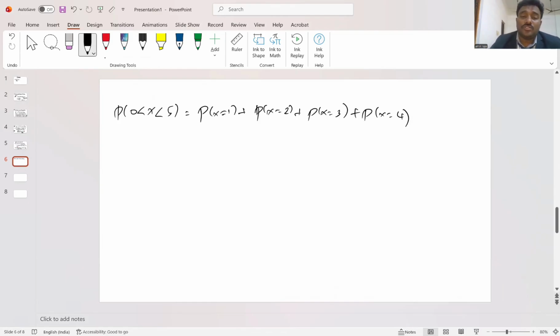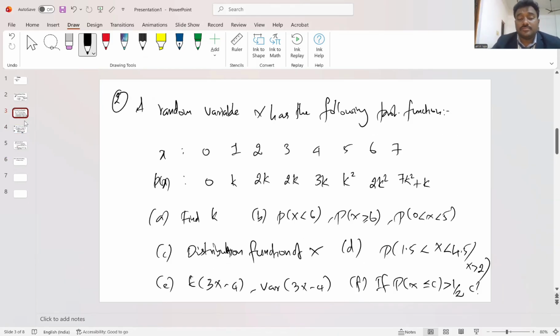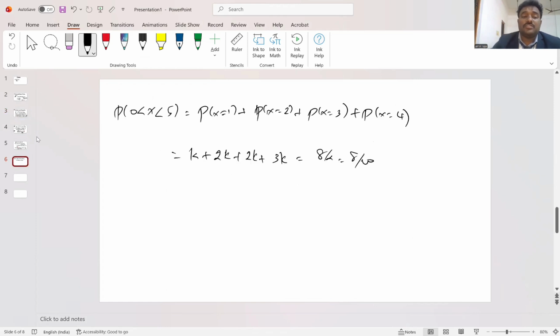You should not include 0 and 5 here. For 1 it is k, then 2k, then 2k, then 3k. If you add them, it is 8k, so it is 8 by 10. So this is the probability we have. Yes, so the next subdivision is the distribution function of x.